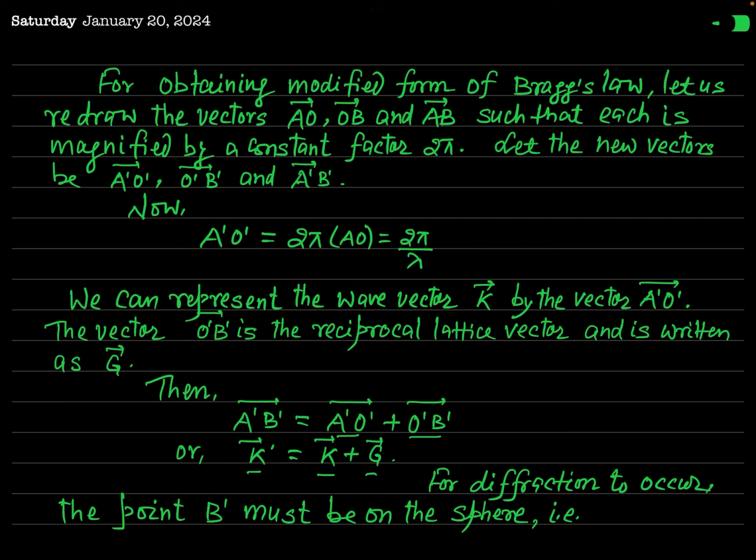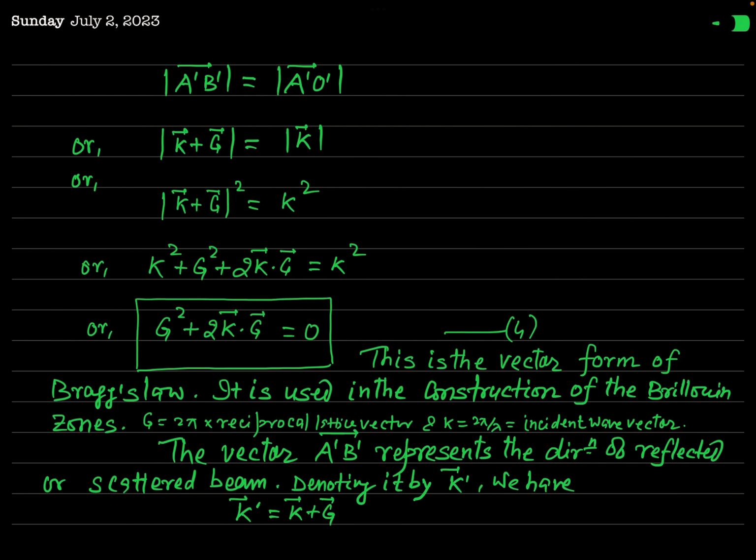And as I have told you, diffraction will occur if the point B dashed must lie on the surface of the same sphere. This is the necessary condition for occurring diffraction. And for this, modulus of A dashed B dashed must be equal to mod of A prime O prime.